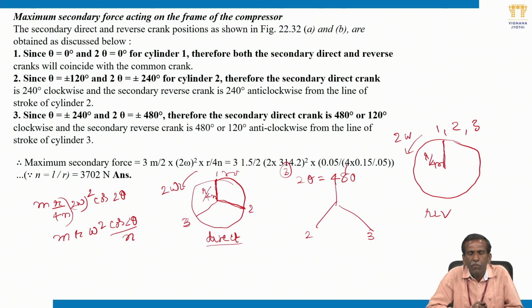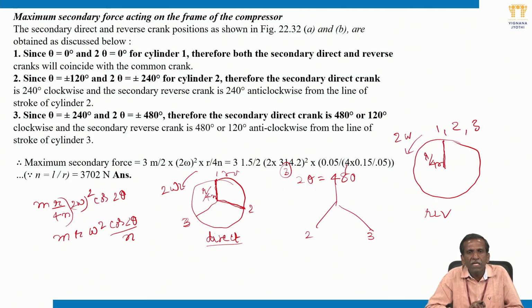Maximum force we are talking about means cos 2 theta at the crank angle position in line with the cylinder center lines. Then this is the component along the center line: 3 m by 2 into 2 omega squared r by 4n, 3 times. If you calculate, you are going to get 3702 newtons.